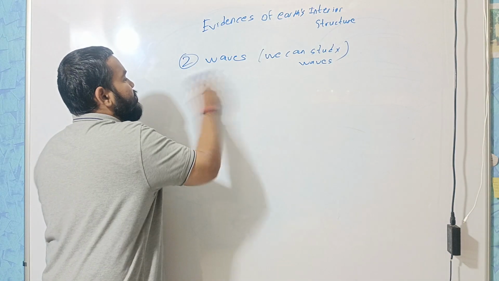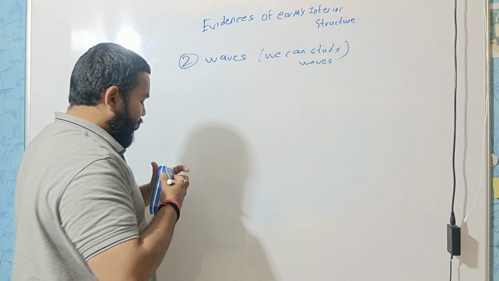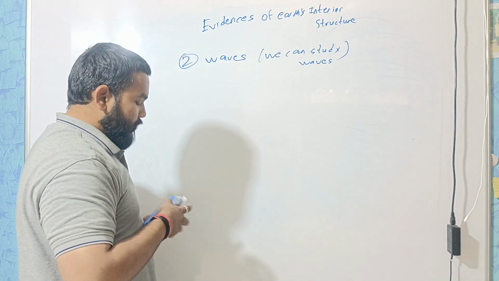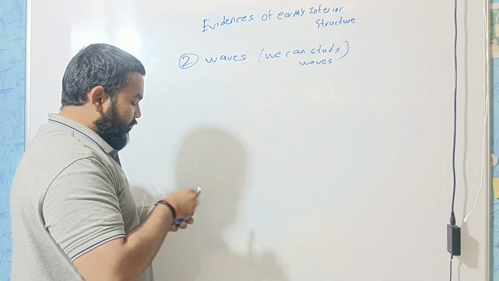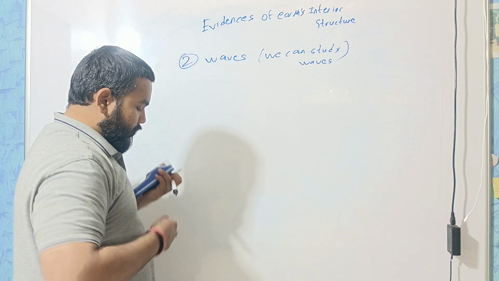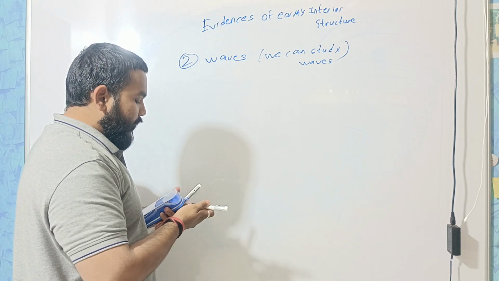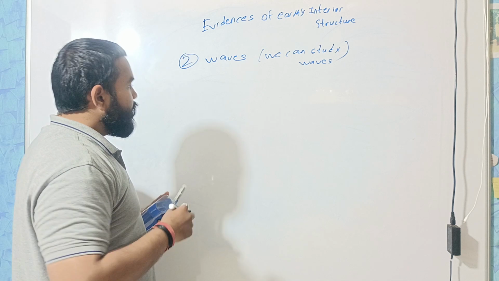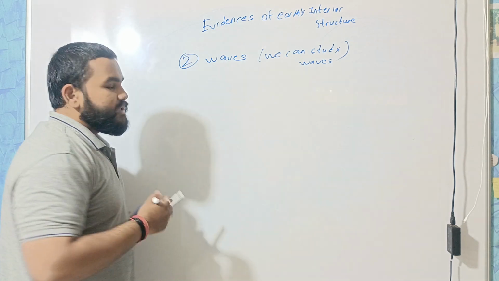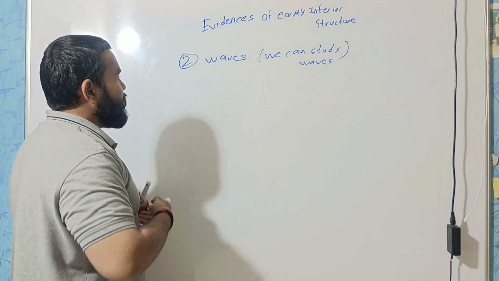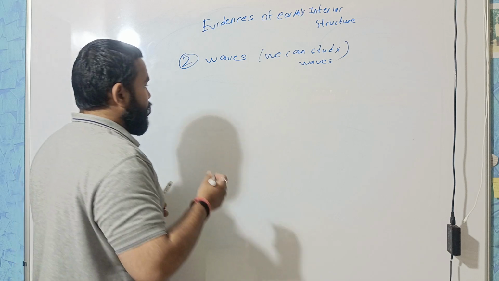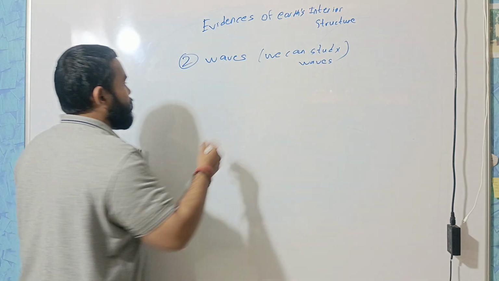So how will these waves help us to understand what is inside the earth, and how is it going to help us to understand the earth's interior? So let's draw one diagram and then understand.